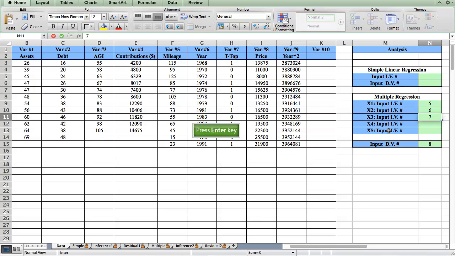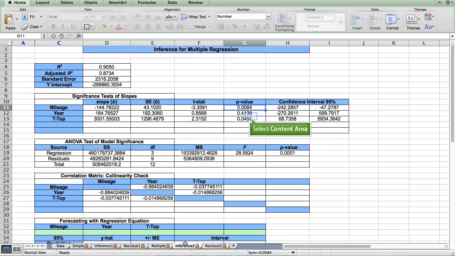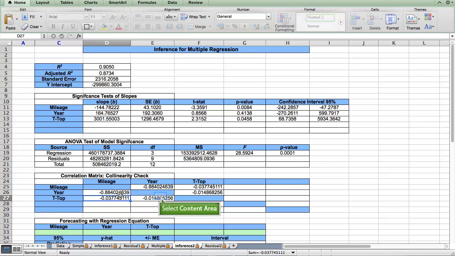So variable 7 would be an X3 on this multiple regression model. And we can see that it is statistically significant, at least while year is still on the model. And we can also see that there's no strong correlation between T-tops and mileage. In fact, it is very, very weak, as well as the correlation between T-tops and year is very, very weak.